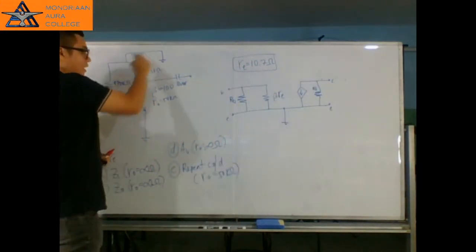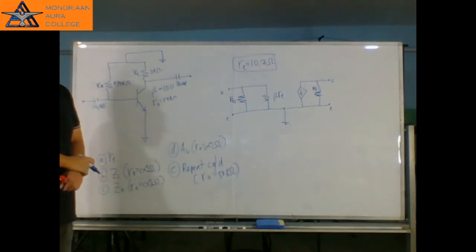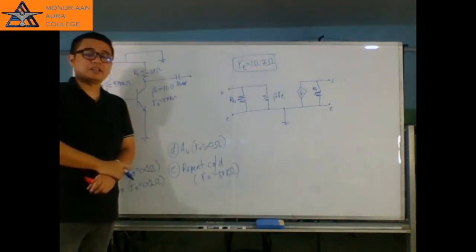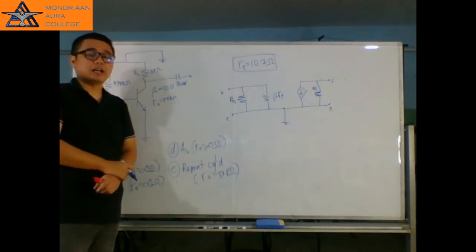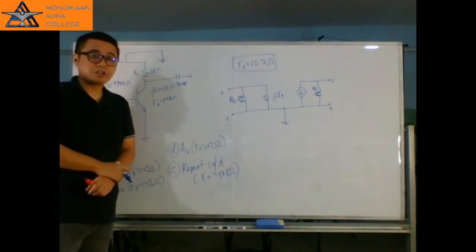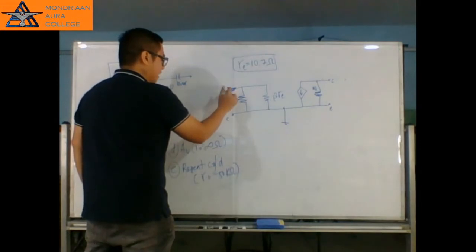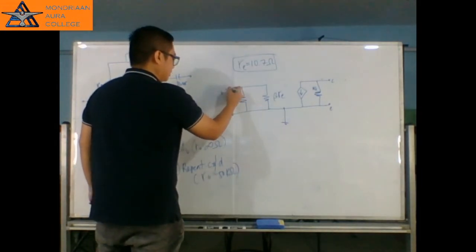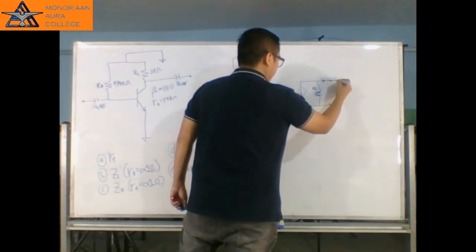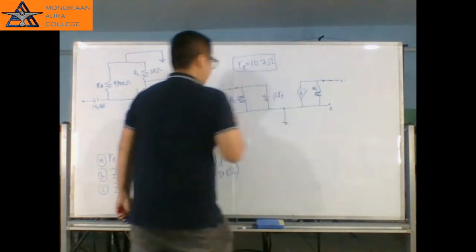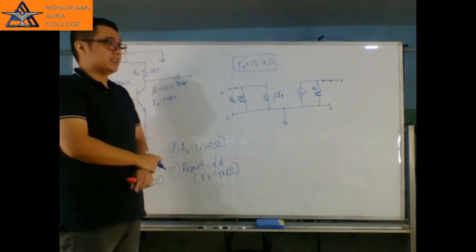Collector and ground. But what about for the capacitors? Lahat ng capacitors natin are assumed to be short. Gagawin nating short circuit lahat ng capacitors natin under AC analysis. So, magkakaroon tayo ng parang wire na lang dito. So, this is where your capacitors are placed previously. So, wala namang effect dun sa ating circuit yung ating capacitors.